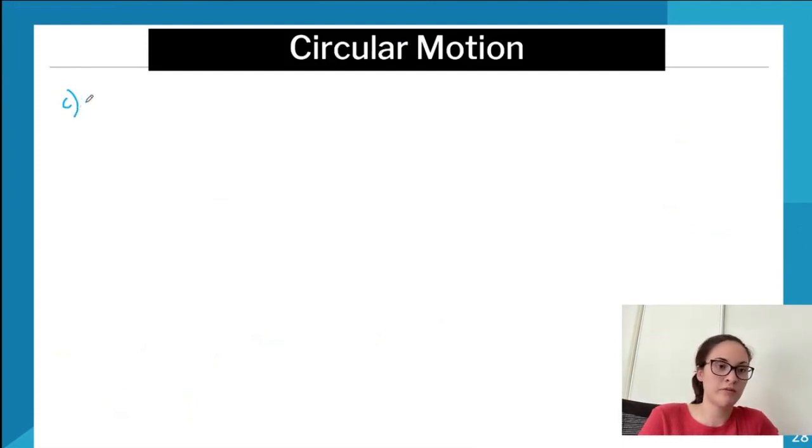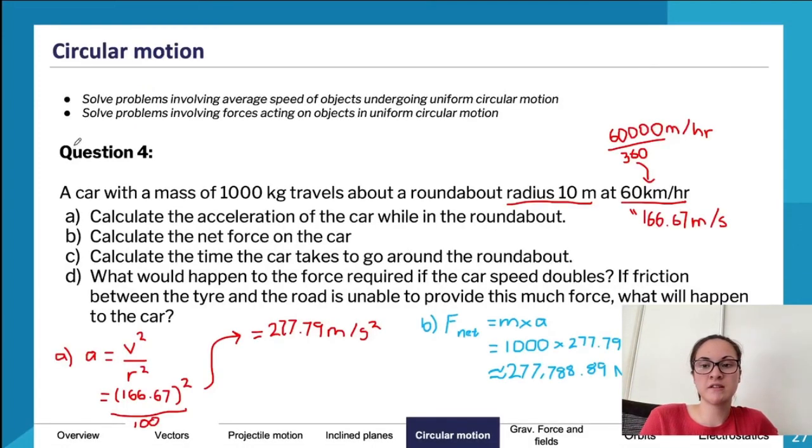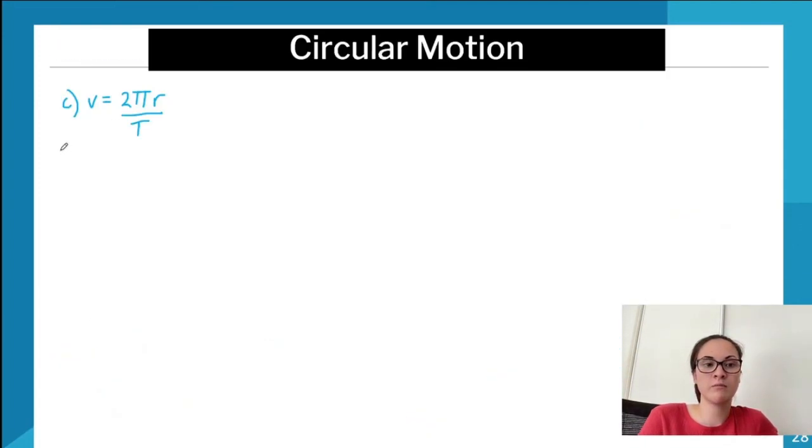We're going to use the formula v is equal to 2 pi r over T. And that's another reason why we converted our velocity to meters per second as well, because our period is measured in seconds. So that was 16.67, so that's what we're going to put over here.